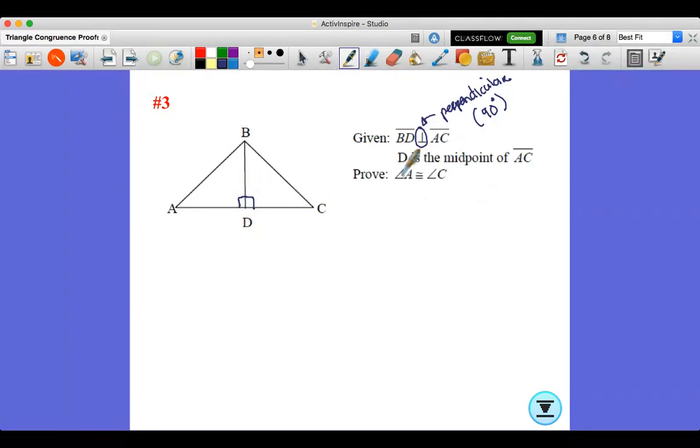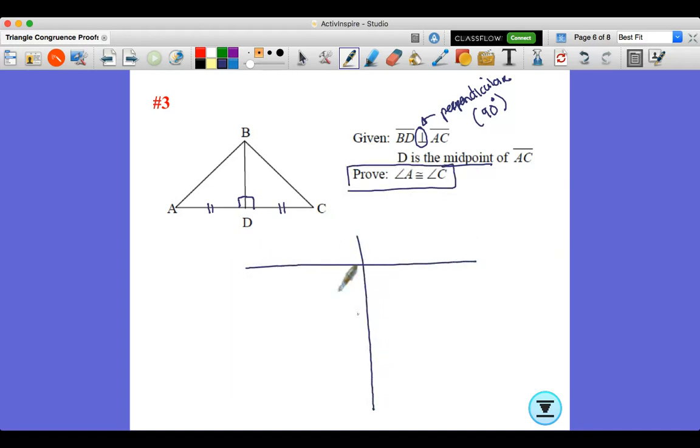D is the midpoint of AC, so I know this and this are congruent. Our goal is to prove these two angles congruent. We don't know it. That's going to be my very last step. And before I even do that, I somehow have to prove these triangles congruent. So watch what I'm going to do.